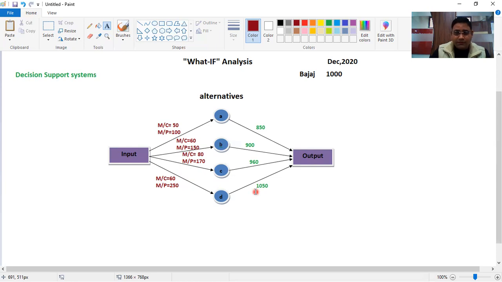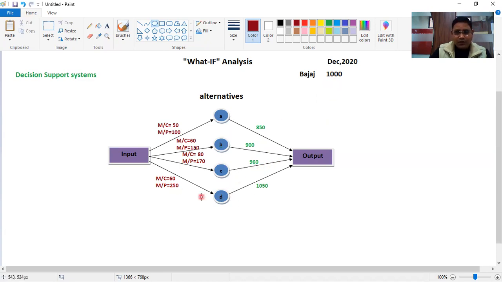So if I ask which one is the best alternative, A, B, C, or D? If we see alternative A, here we can manufacture 850 bikes. We are not achieving our target. Alternative B, again we are not able to achieve the target. Alternative C, again we are lacking.